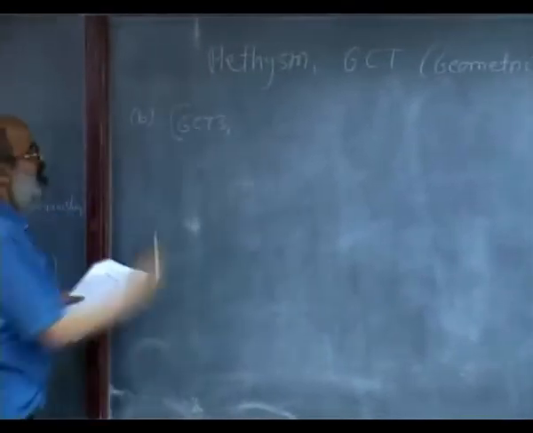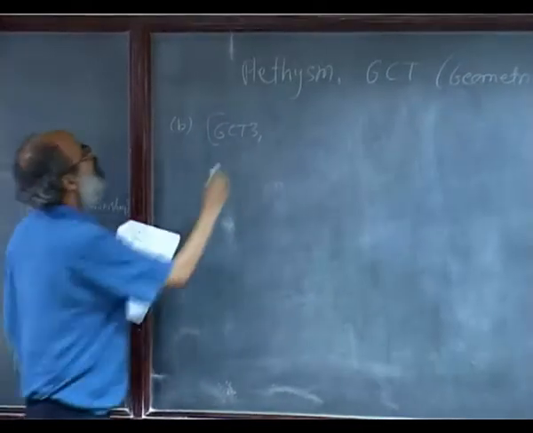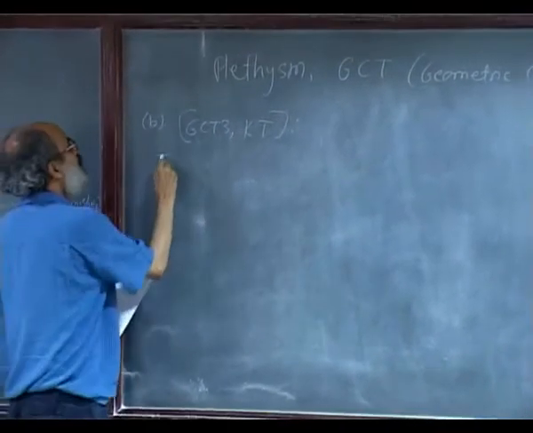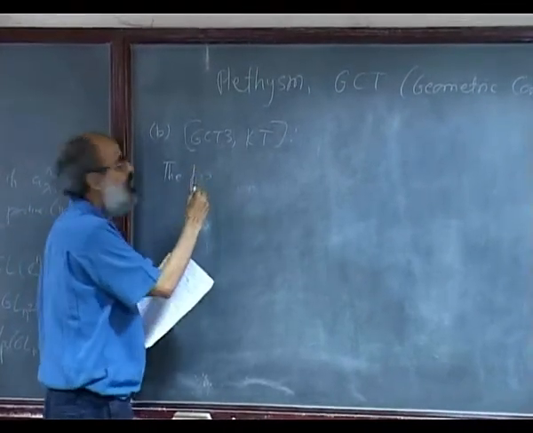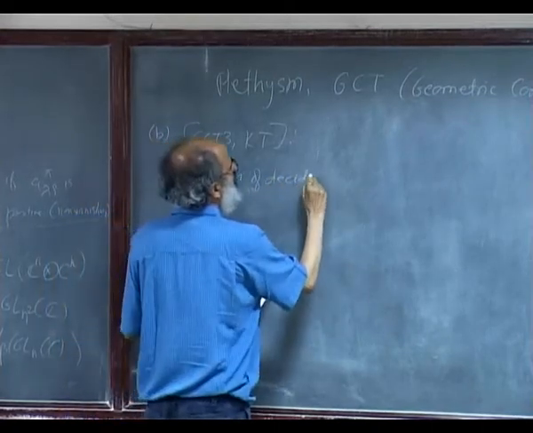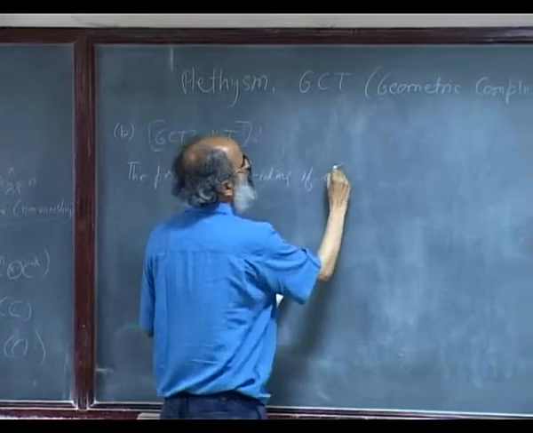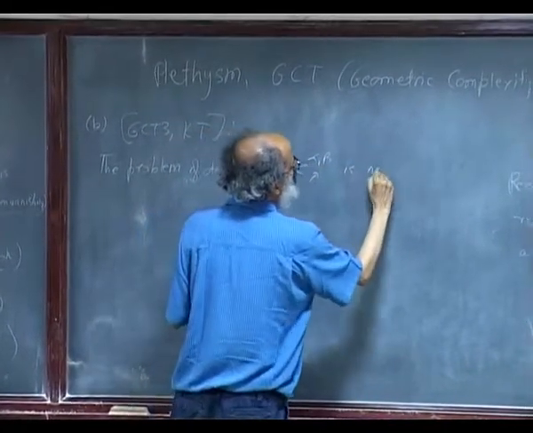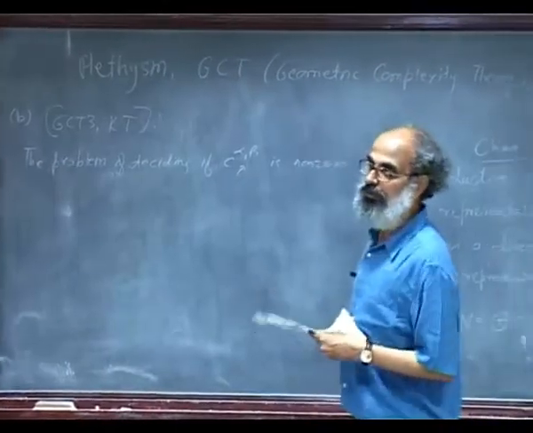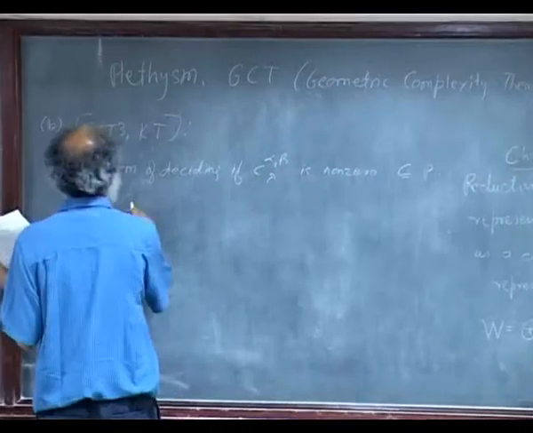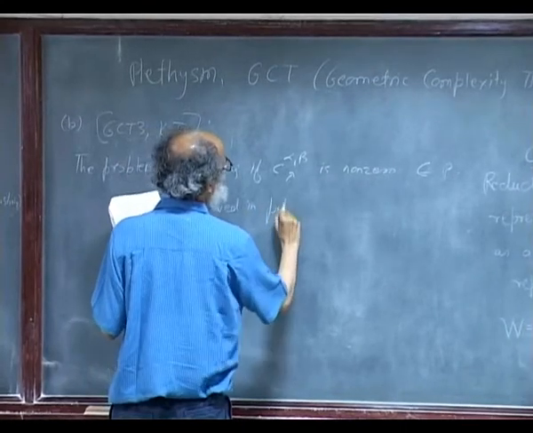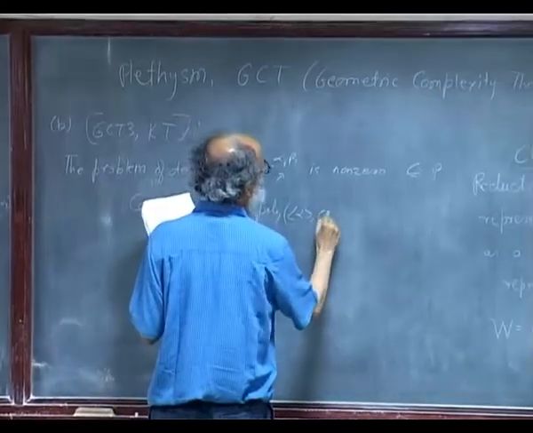So this is with Harinarayan and Milind Sohoni, and also independently by Knutson and Tao, is that the problem of deciding if C alpha beta lambda is non-zero, that is positive, belongs to P. What that means is it can be solved in time that is polynomial in the bit lengths of alpha, beta and lambda.